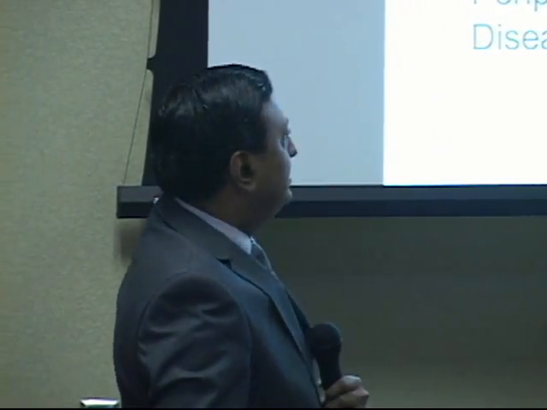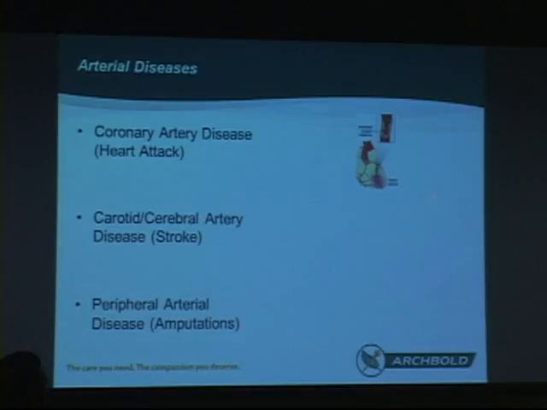Okay? So in pictorial view, this is what happens. You have all this plaque that forms and the plaque ruptures, and then the blood clot forms and you have a heart attack. That's what happens. What happens in the brain? Same thing. Blood clot blocks this artery that is plagued, and then it causes you to have a stroke.